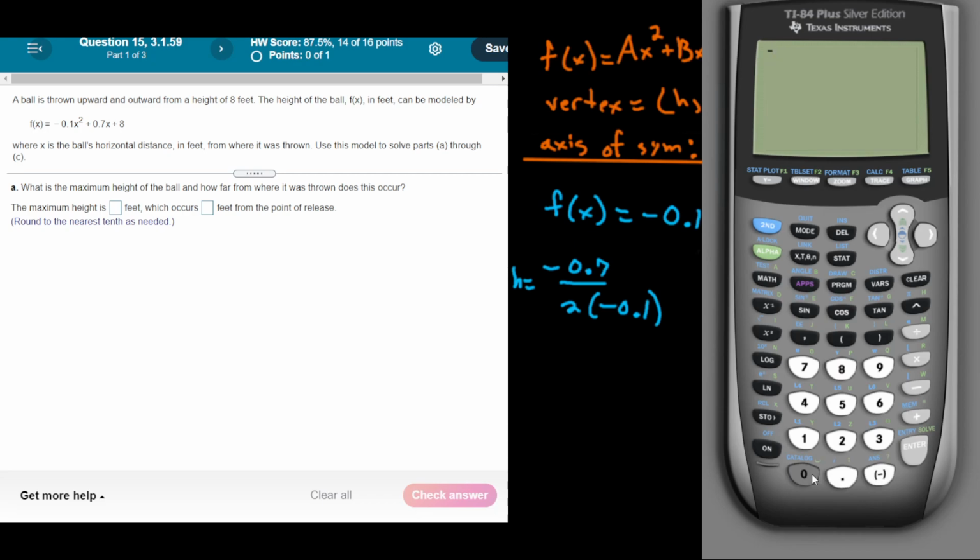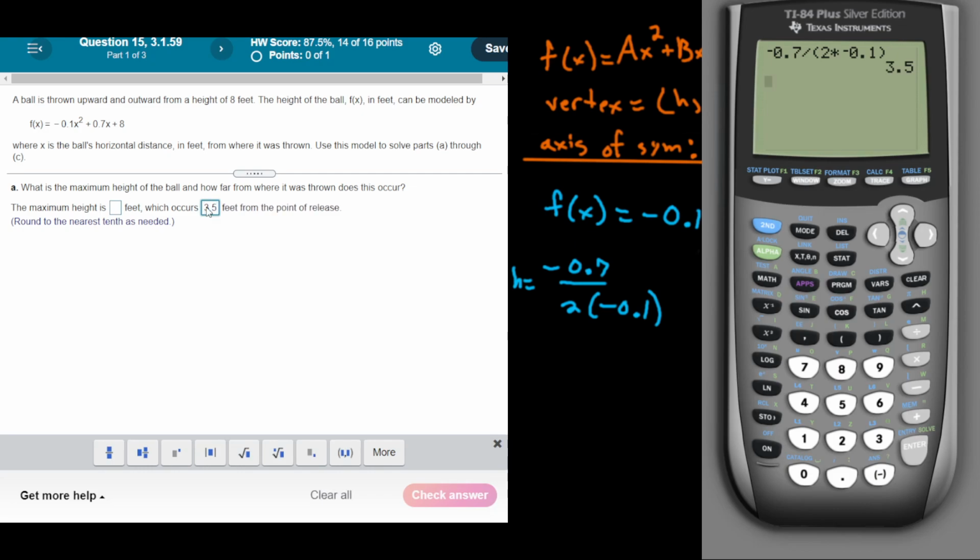So negative b divided by 2 times whatever your a is. Enter. 3.5, 3.5. So this is where it occurs at positive 3.5.